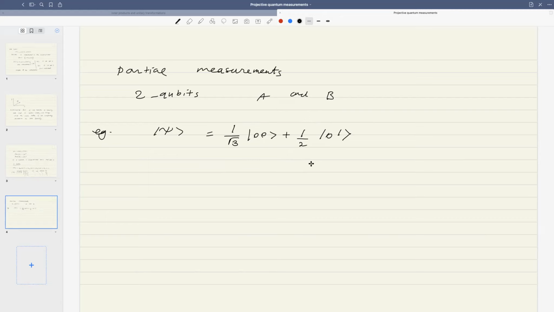So this squared is going to be 1/3. This is going to be 1/4. Their sum is 7 over 12. So let's say I have square root of 5 over 12, |1,1>. Right? We can check that the state is normalized. Because they're real, I don't need to worry about the absolute value.